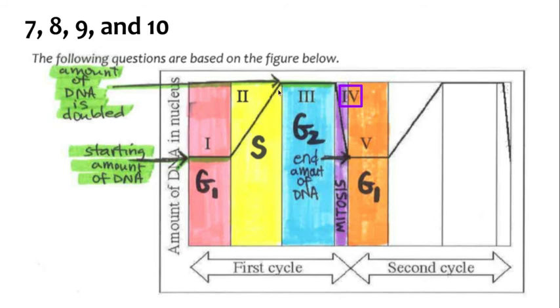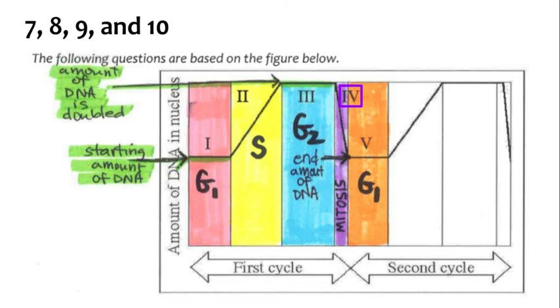It's actually doubled. So I can infer that panel 2 is the S portion of interphase, which means that this has to be G1. Then the DNA stays doubled for a little while, implying that this has to be G2, and these are the final preparations for mitosis. Then the amount of DNA starts to decrease because the nucleus is being divided.